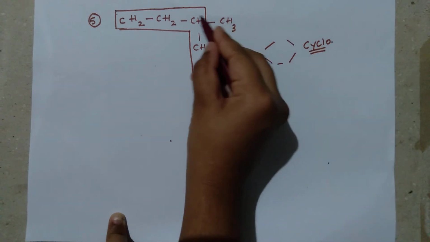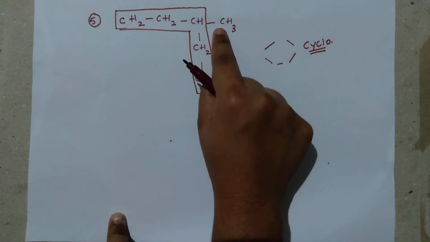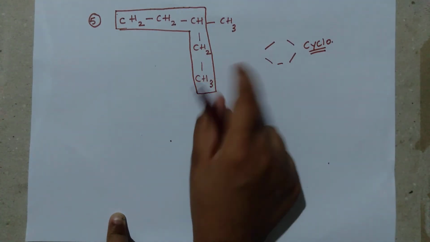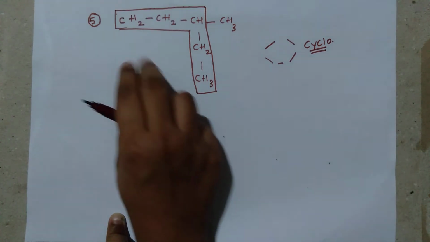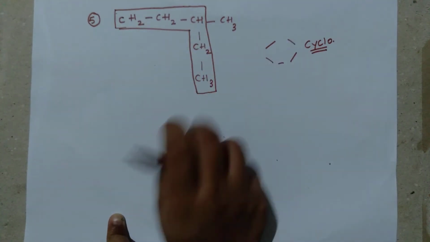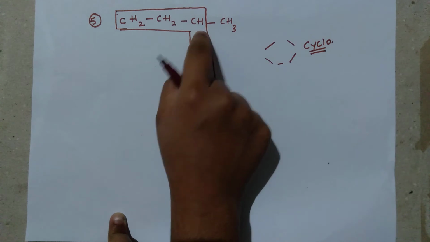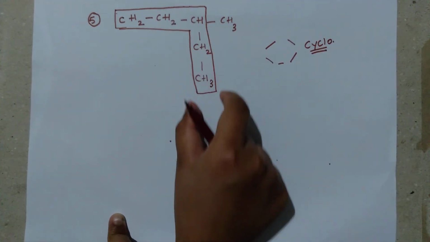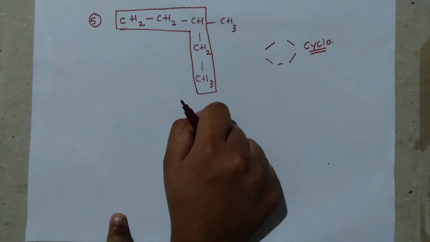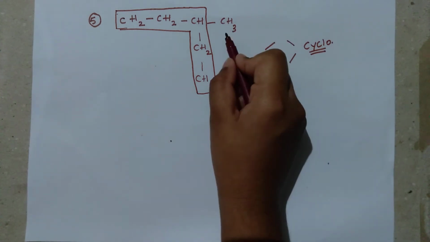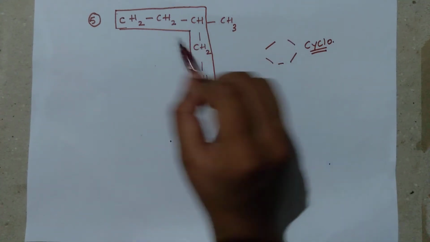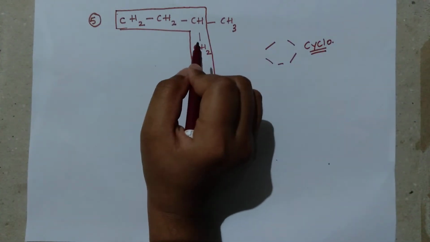If we take the chain in this direction, then there will be 1, 2, 3, 4 carbon atoms only. So if we take the longest chain direction, then there are 1, 2, 3, 4, 5 carbon atoms. So is it better to take this direction or this direction?